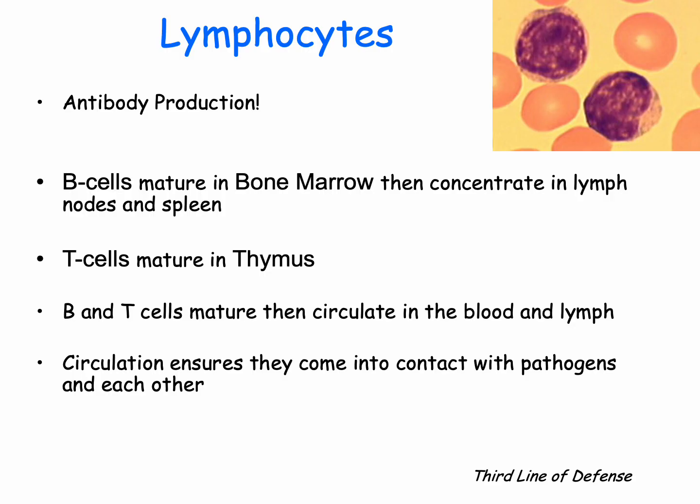Lymphocytes are exciting because now we get to talk about antibody production. And we'll see that a very specific lymphocyte is responsible for antibody production. So B cells are a type of lymphocyte that matures in the bone marrow. B cells, bone marrow. And then T cells mature in the thymus. T cells, thymus. Both of these, once they're mature, are going to circulate through the blood and the lymph.